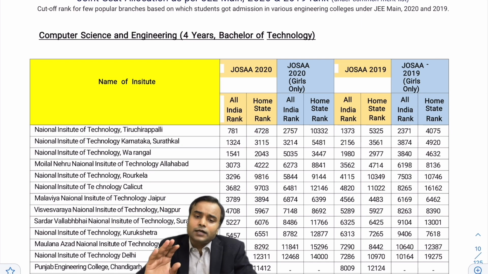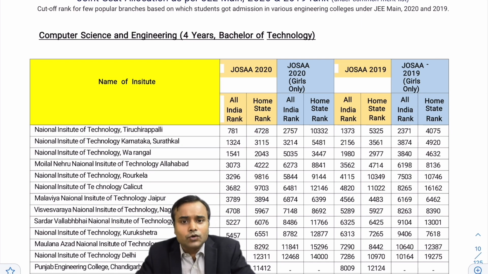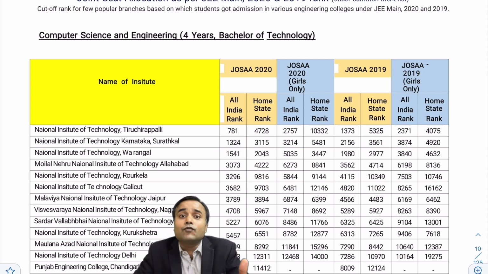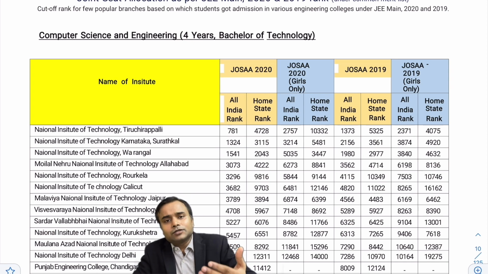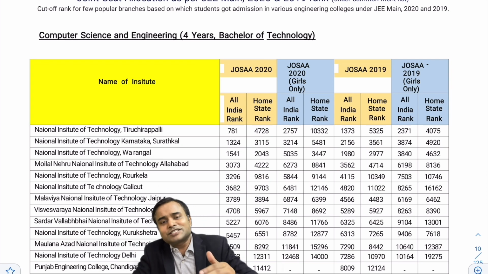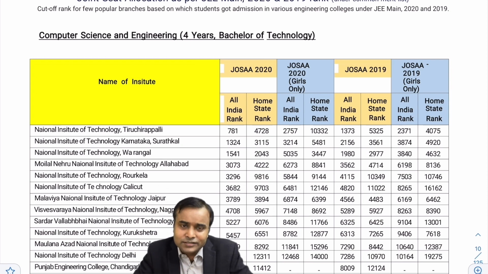A student who is outside Tamil Nadu can get admission with the help of all India rank only. You may be aware that in all NITs 50% seats are reserved for the state in which that NIT is situated, and 50% seats are available for other states.